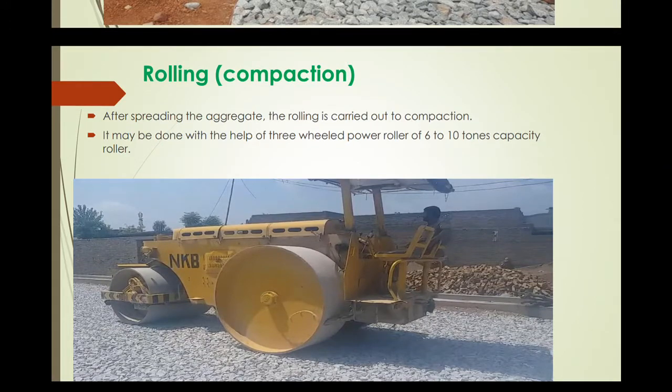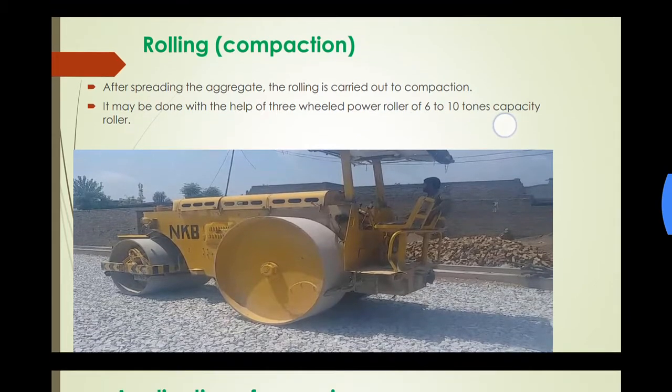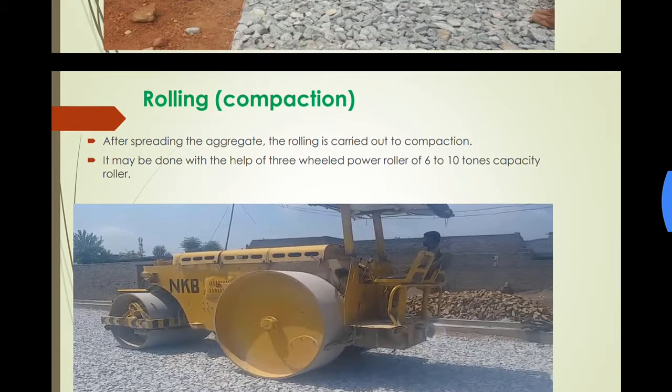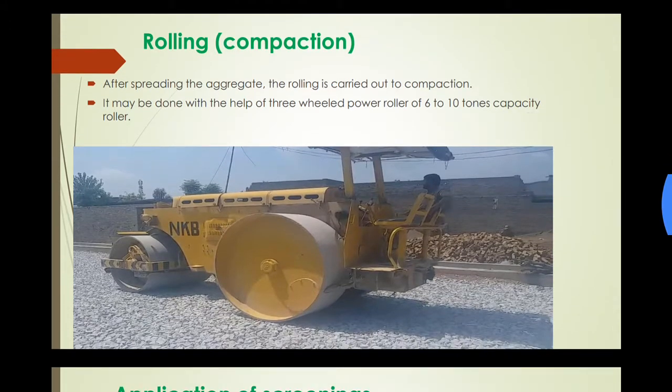So this is how the rolling or compaction operation is done. It may be done with the help of a three-wheeled power roller of 6 to 10 tons capacity. This roller should possess a capacity of 6 to 10 tons.